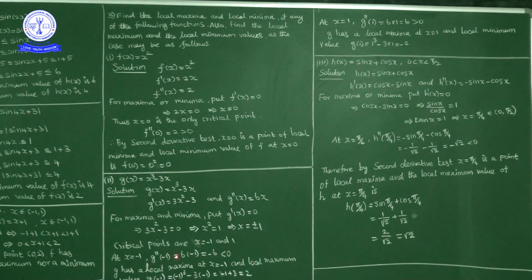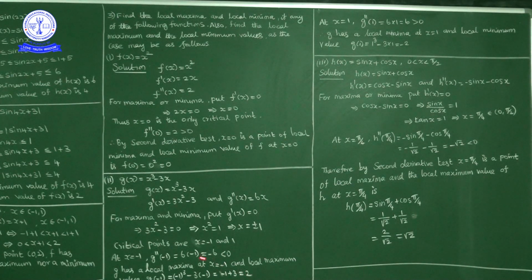So by the second derivative test, g of x has a local maxima at x equals minus 1.